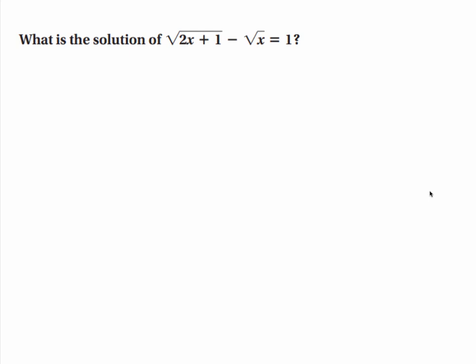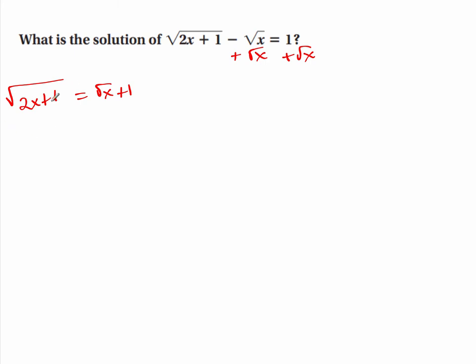Now a problem like this is pretty sticky. What you want to do is isolate the more complicated radical first. So I'm going to isolate the square root of 2x plus 1 by adding the square root of x to both sides. So the square root of 2x plus 1 is the square root of x plus 1.